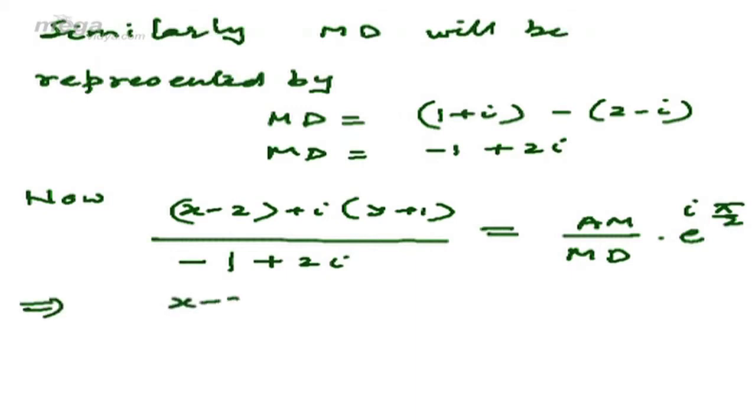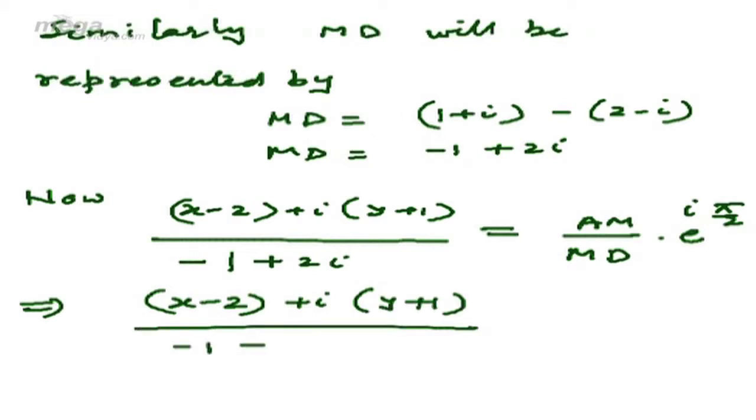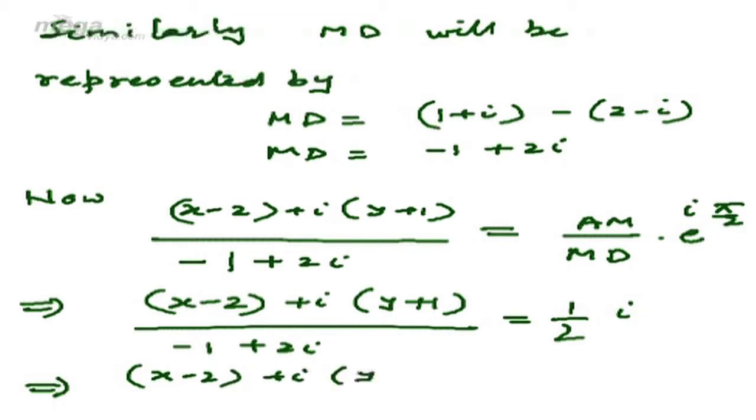So x minus 2 plus i times y plus 1 divided by minus 1 plus 2i is equal to 1 by 2 i. That is, x minus 2 plus i times y plus 1 is equal to, if you multiply the denominator by 1 by 2 into i, you will get minus 1 by 2 i minus 1.